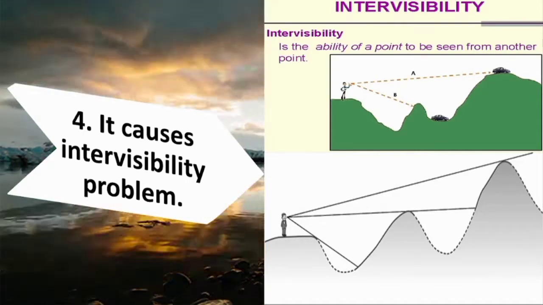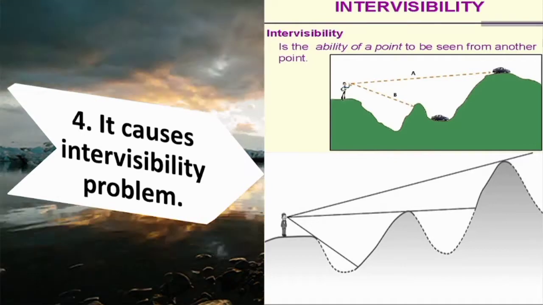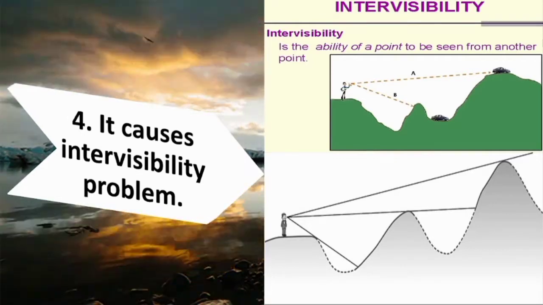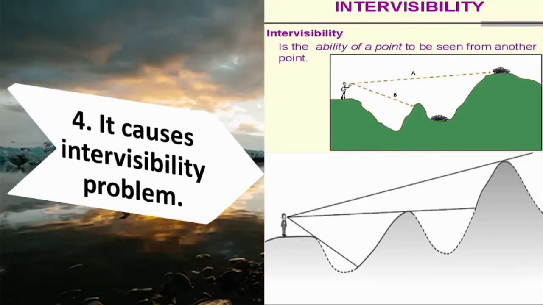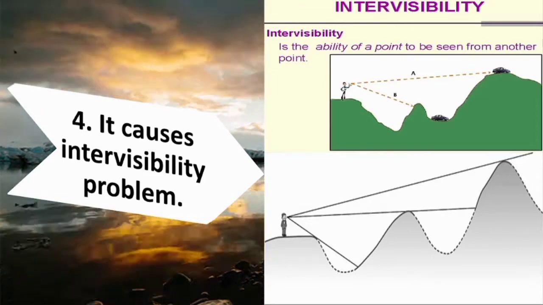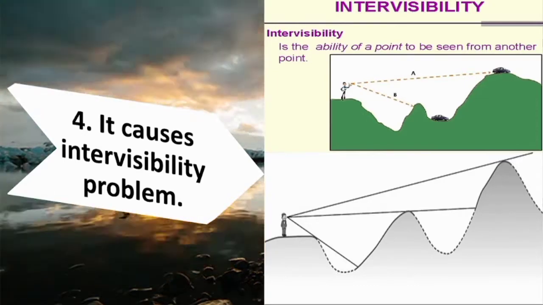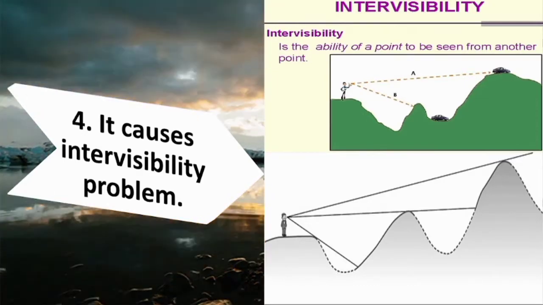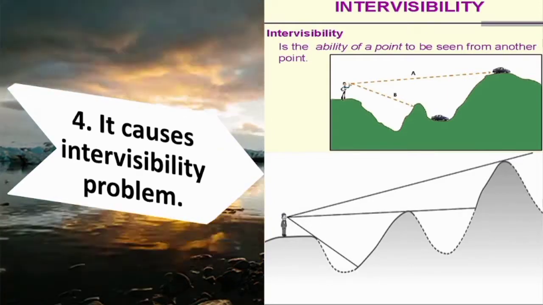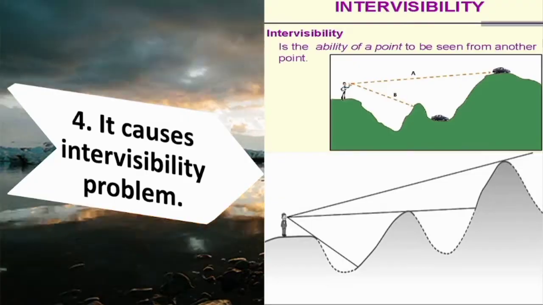Let's assume we have two persons standing on a horizontal plane. One is on point A and the other is on point B. If these two persons are standing, you find out that they have a barrier. The plateau acts as a barrier, preventing the one in point A from seeing the one in point B.